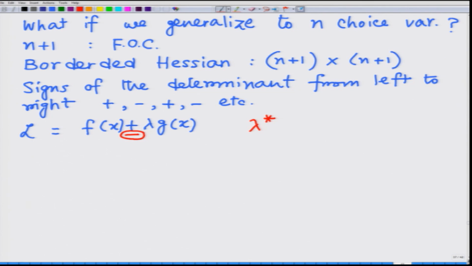Now let us move on to an extension, and this extension will now have n choice variables and 2 constraints. So let us write down a fresh maximization problem.